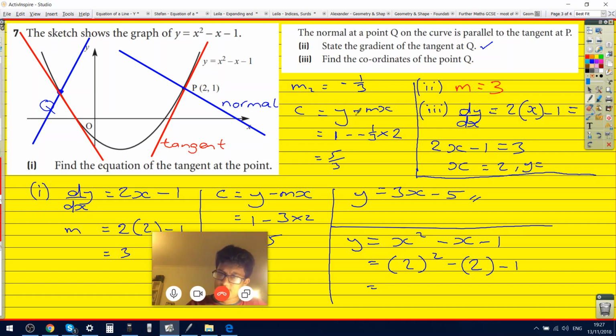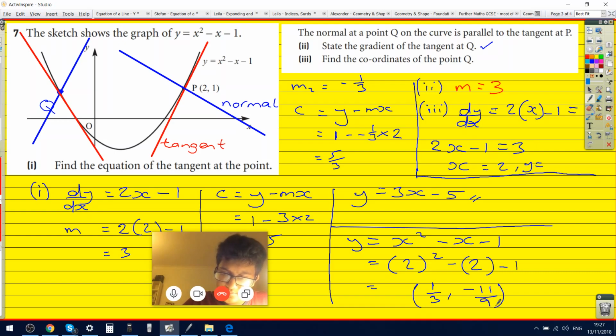So 1/3 squared minus a third minus 1, which equals 1/9 minus 1/3 minus 1. We'll have them all over 9. So 1 minus 3 minus 9 all over 9, which gives us minus 11/9. So the coordinates would be a third, minus 11/9.